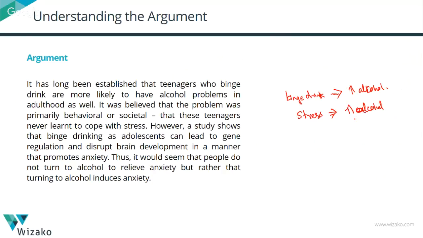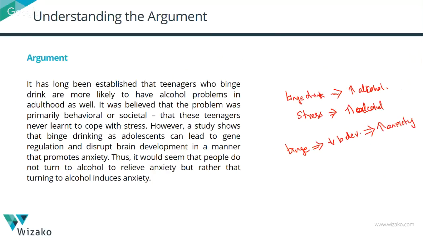However, a study shows that binge drinking as adolescents can lead to gene regulation and disrupt brain development. So if I binge drink, that is going to lead to a decrease in my brain development in a manner that promotes anxiety, and that is going to lead to an increase in anxiety.